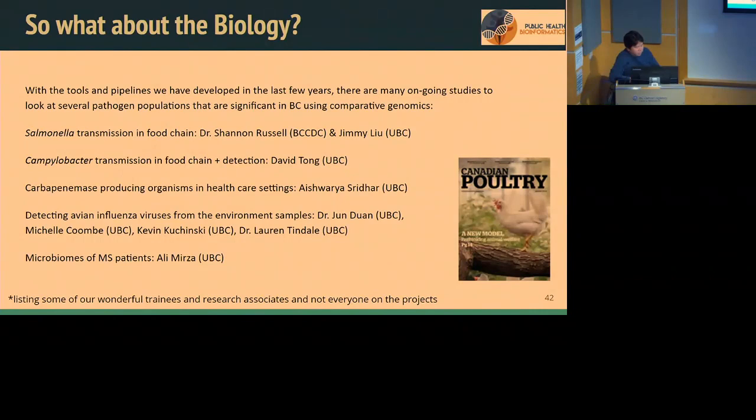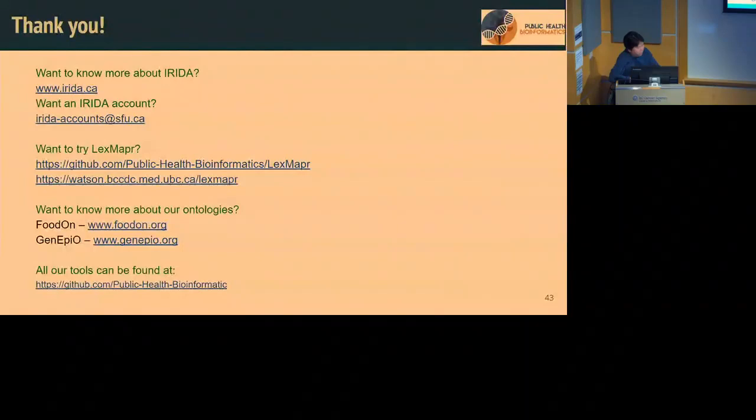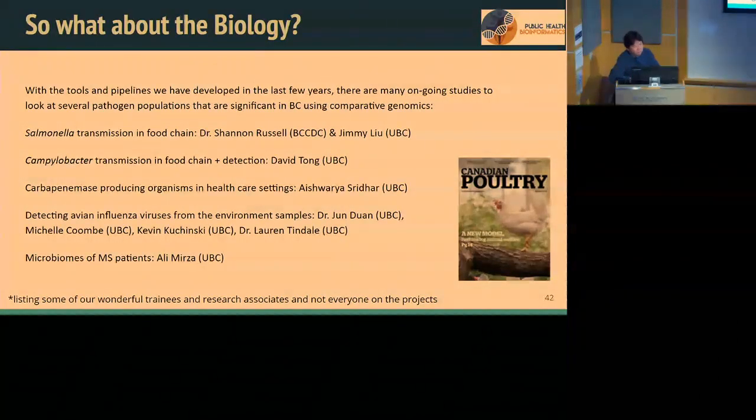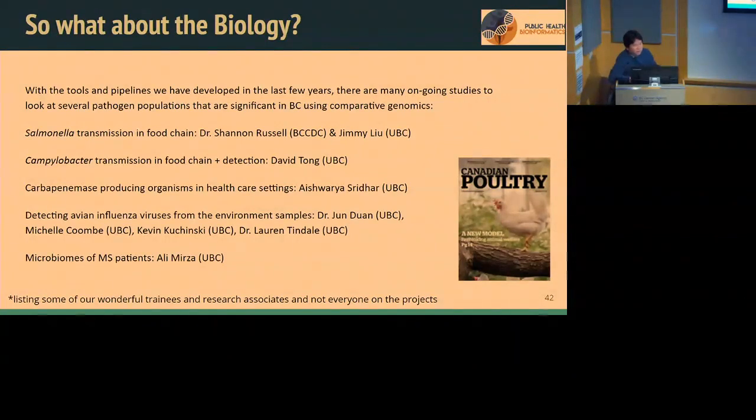And the other large project that I'm involved in with quite a few people is trying to detect viruses from environmental samples. And we recently, I never thought our project would end up on the cover of an agriculture magazine, but the Canadian Poultry actually featured the work that we did for avian influenza because, for example, in 2015, a large-scale outbreak in the Fraser Valley essentially decimated the entire poultry population in the Fraser Valley.